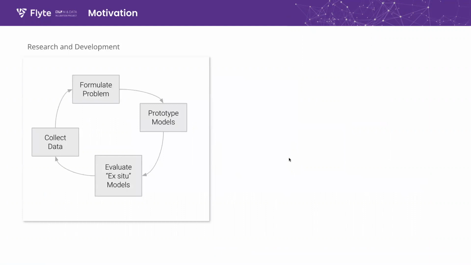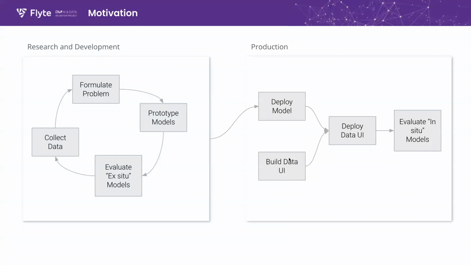Just to remind you, maybe a little sketch of what that might look like deploying models to production. You start off in a research and development phase, collecting data, formulating problems, prototyping models, and evaluating in the lab how those models perform. And if you're lucky enough, and if you can prove or justify to yourself that the models should be released to production, then you might work with a DevOps or MLOps person, as it's been branded these days, to deploy the model, and work with a front-end engineer to build a UI.